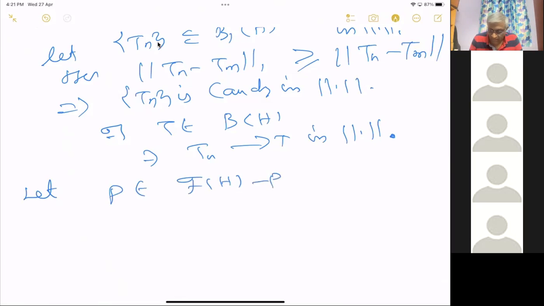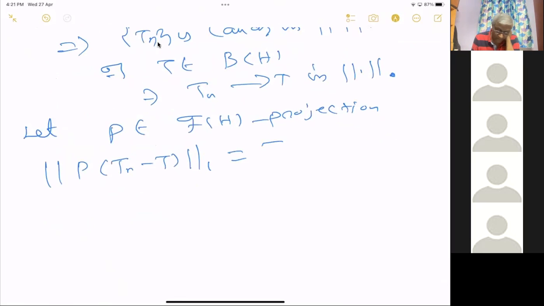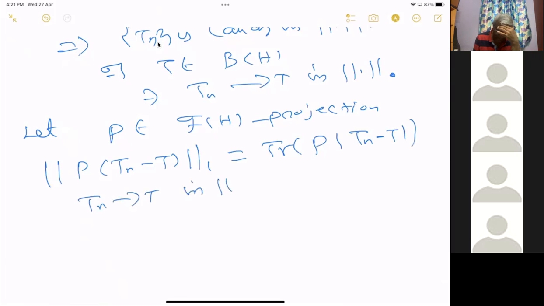Then we consider the norm 1 of P times Tn minus T, which is equal to trace of P mod Tn minus T. Now Tn converges to T in norm. This implies Tn minus T star times Tn minus T converges to 0.